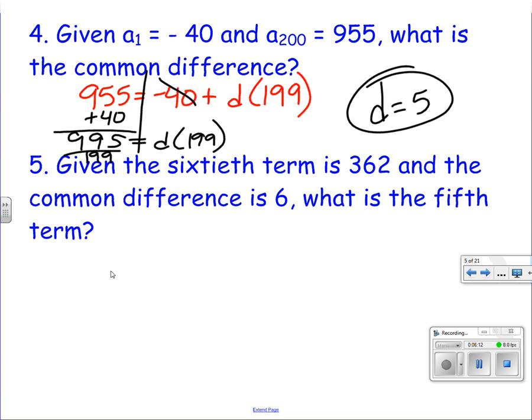All right, number 5, given the 60th term is 362 and the common difference is 6, what is the 5th term? Since this one's a word problem, let's write down what we know. Mason, what's one thing we know? So the way I write that is A60, 60th term, A60 is 362.